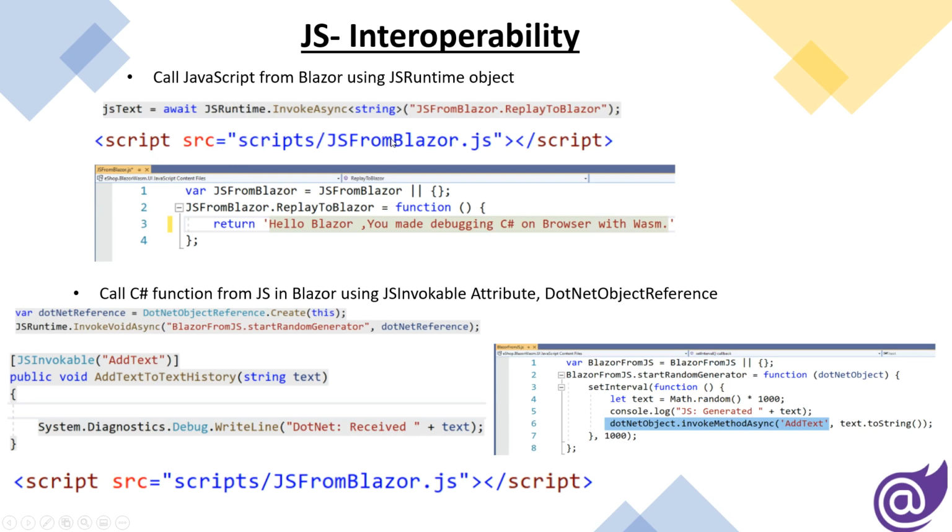And if you want to call a .NET function from JavaScript, we need to mark it as JSInvokable, so this function can be called from JavaScript. So we are calling this one, AddText.